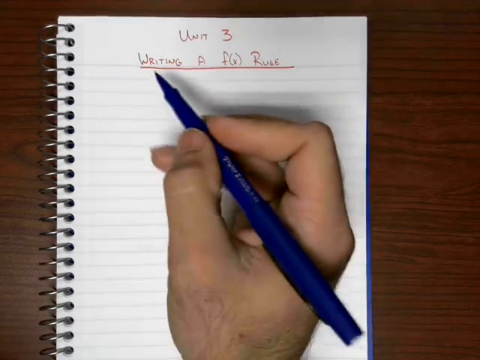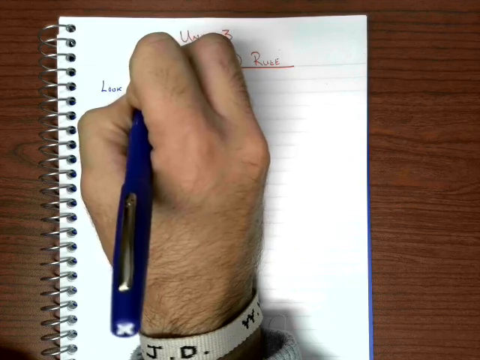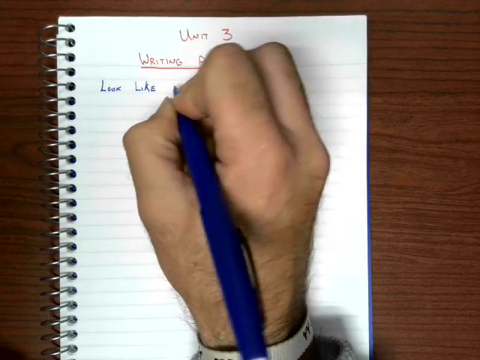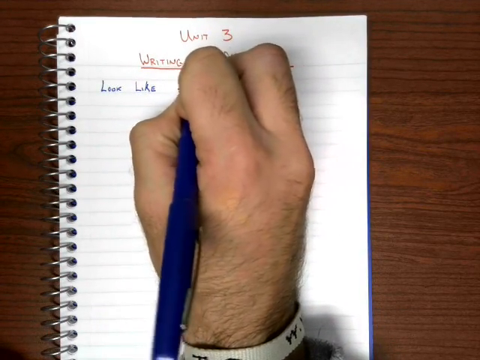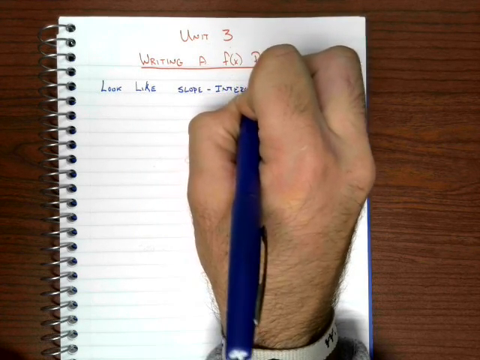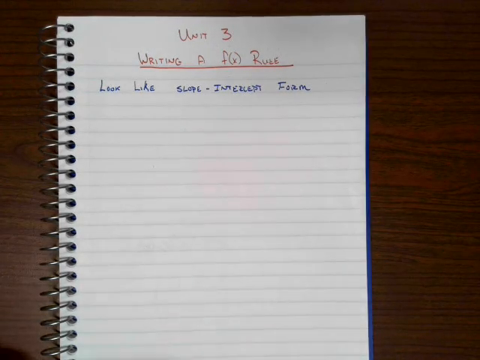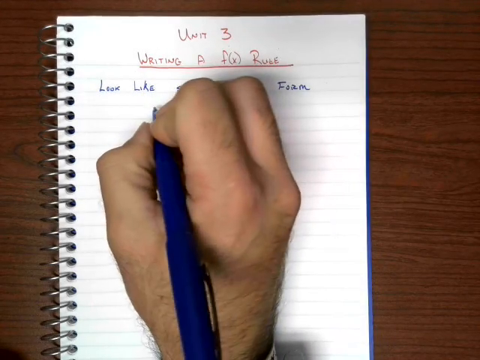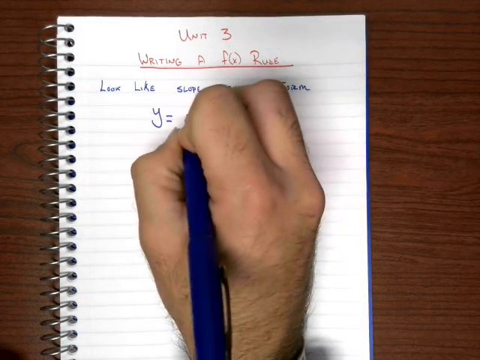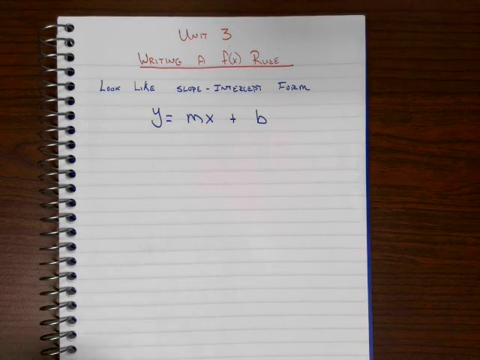With your function rule, something we need to think about is it's going to look like slope-intercept form. And what we need to remember from slope-intercept form is what it actually is. Y equals mx plus b.